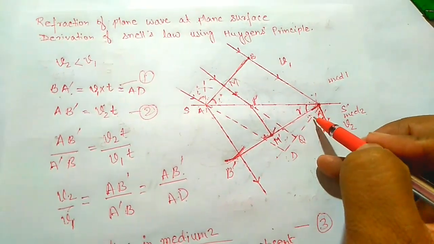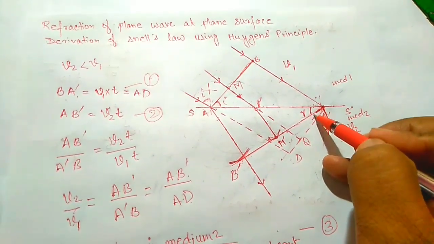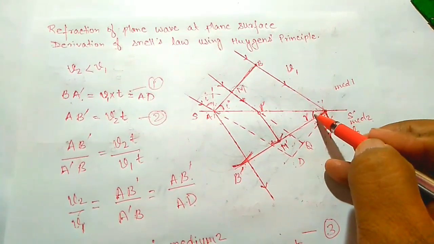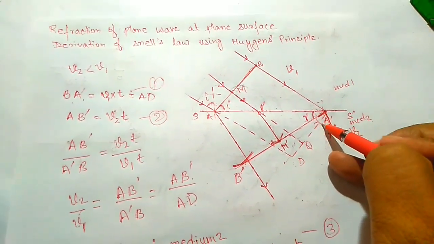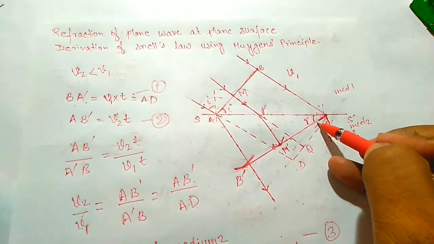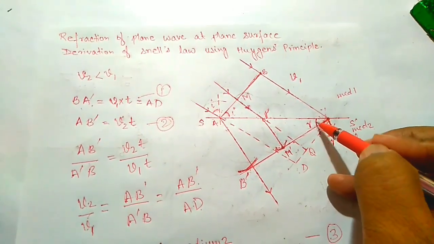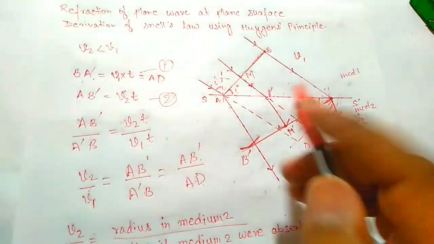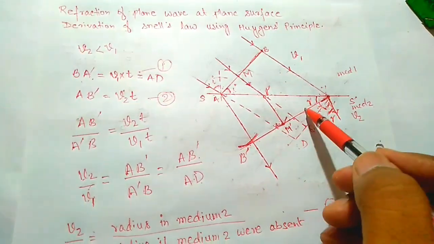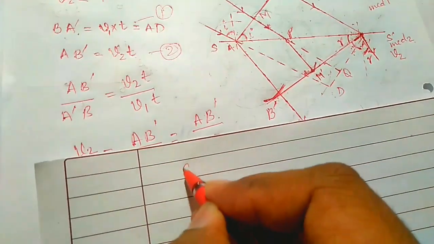Same way, this is the tangent for this, and this one plus this one is also 90, and this complete angle is common. So this is the common angle. See here, this plus this is 90. Same way, this plus this is also 90. This is the common angle, so this will be r. So what will I calculate? I will calculate sine i and sine r. So let's first calculate sine i.